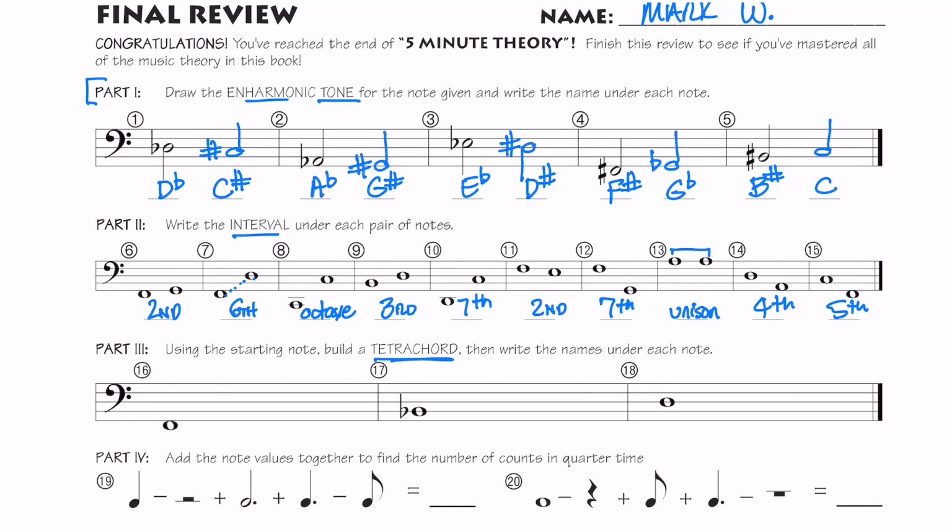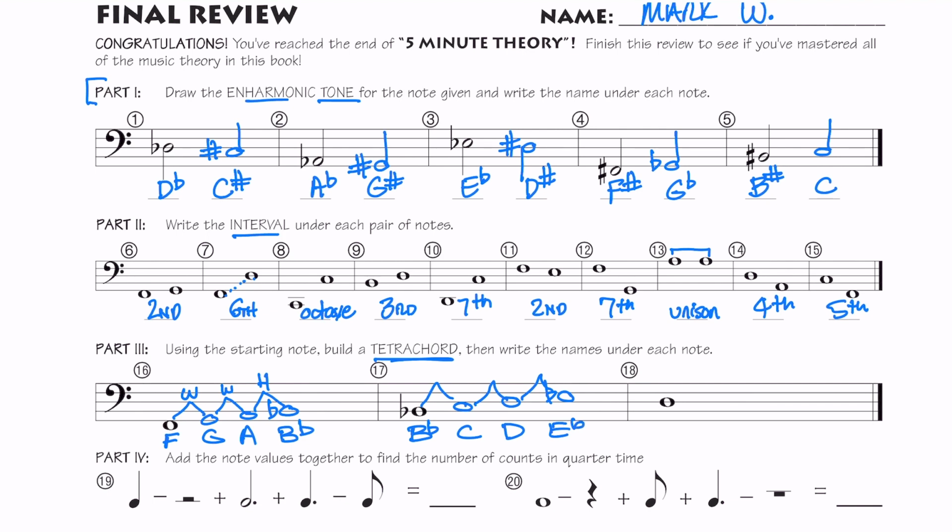So this is an F. If I'm just going up a scale like this, F up a whole step to G, up another whole step to A, up a half step to B flat. So I can start on B flat and spell a tetrachord. B flat, up a whole step is C, up another whole step is D, up a half step is E flat.